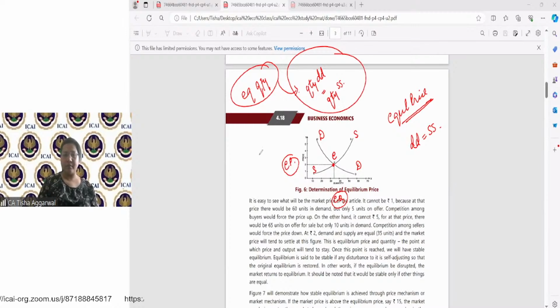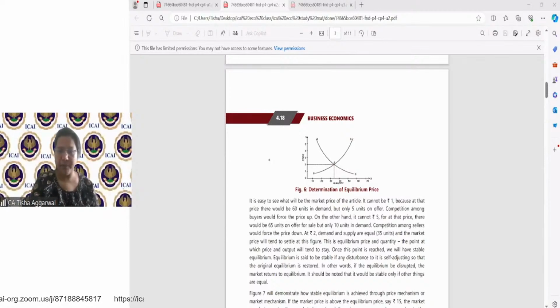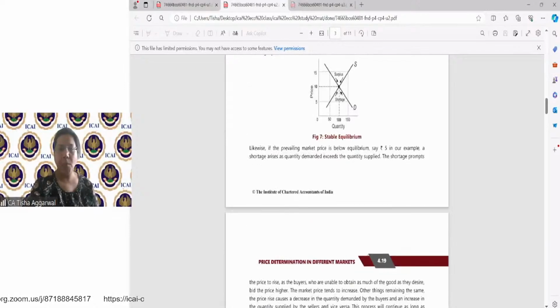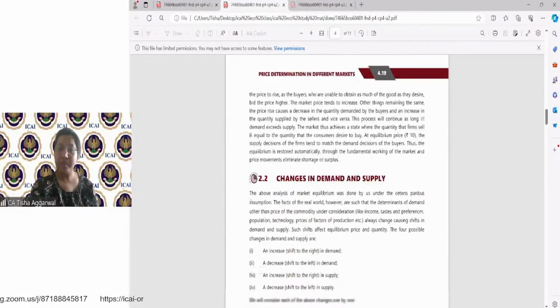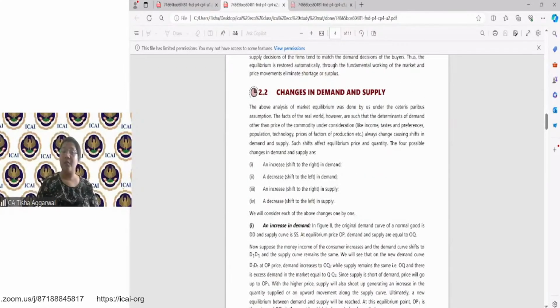Okay. So whenever we talk about the concept of finding out the market price, we have to find out how the demand and supply takes place. Okay. The question comes: what happens if there is a change in demand, or a change in supply?